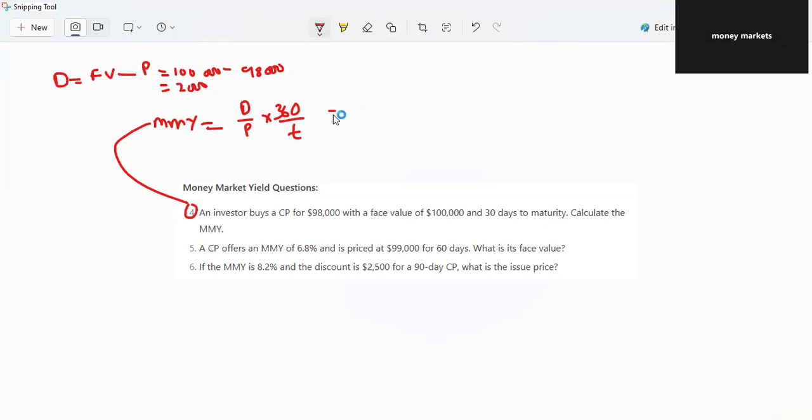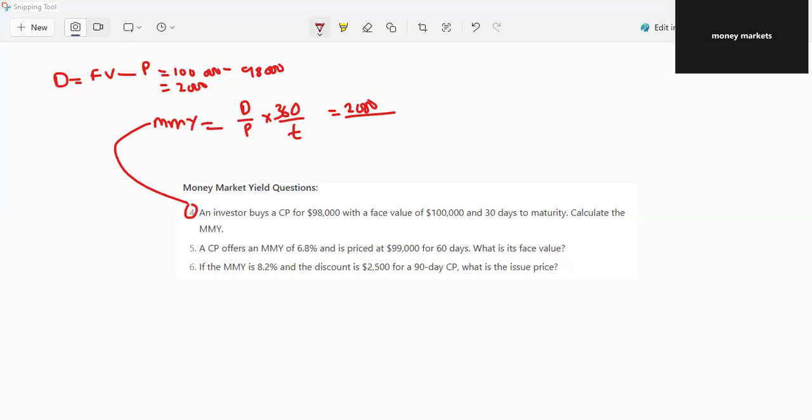So here we put 2,000. Then you divide it by the what? The issue price. The price is a determining figure that differentiates the money market yield. It's based on the purchase price, whereas others are based on the face value. So we divide that by 98,000. Once you miss this point, then you are gone.